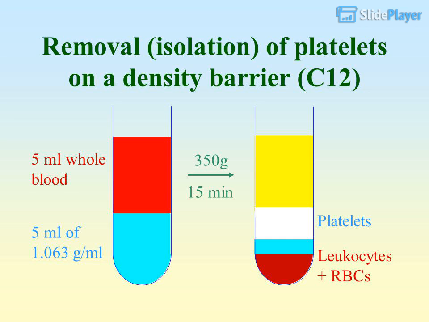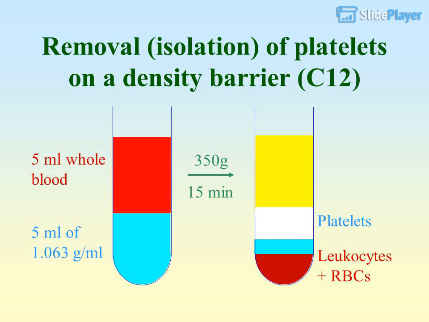The method described in application sheet C12 is a simple low-density barrier over which is laid whole blood. During the very low-speed centrifugation, only the leukocytes and red blood cells are large enough to sediment into the pellet. The much smaller platelets form a broad band below the interface.